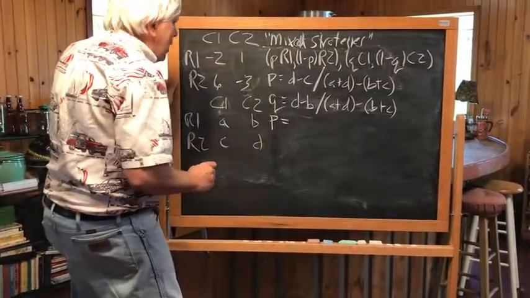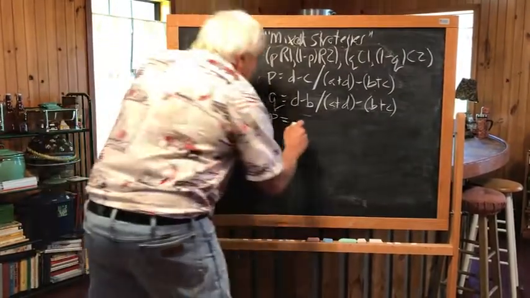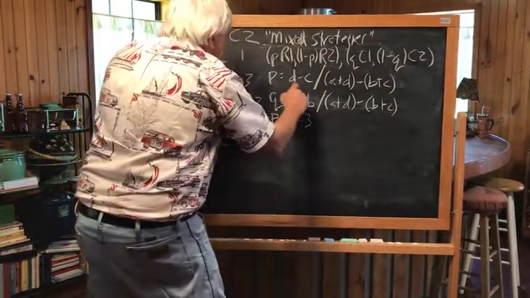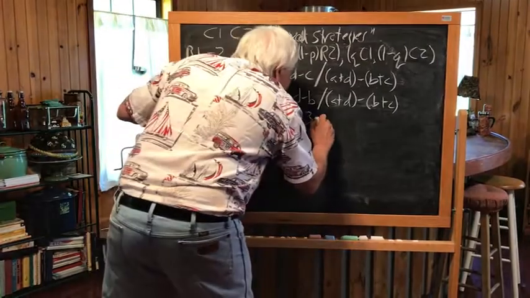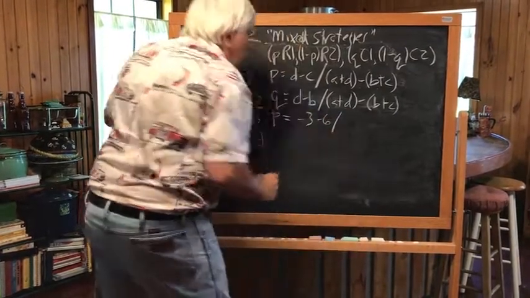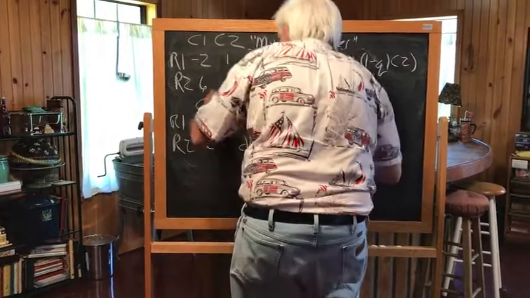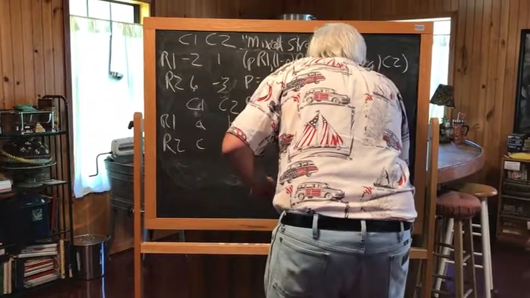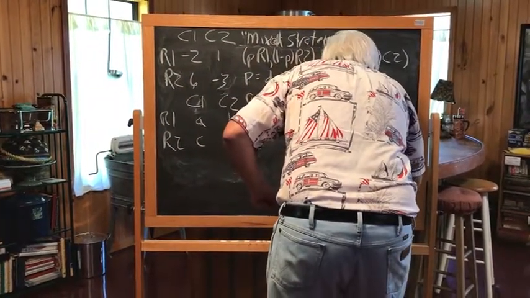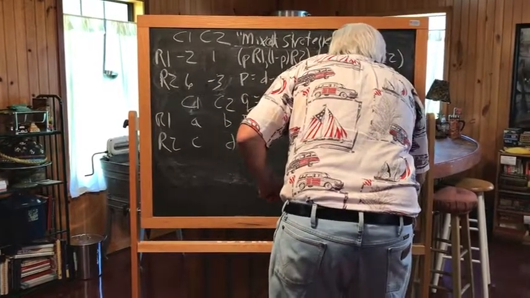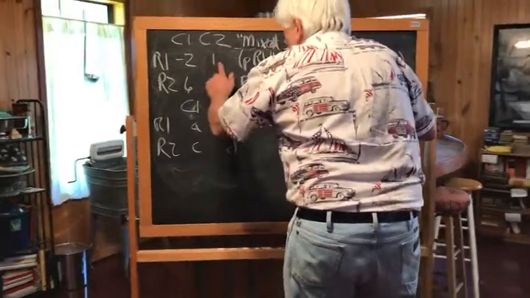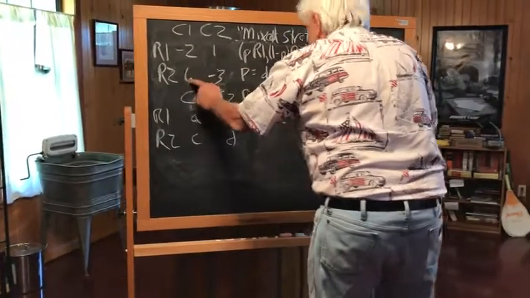So the value for P is going to be D minus 3 minus C minus 6 over A plus D minus 2 plus minus 3 minus B, 1 plus 6.